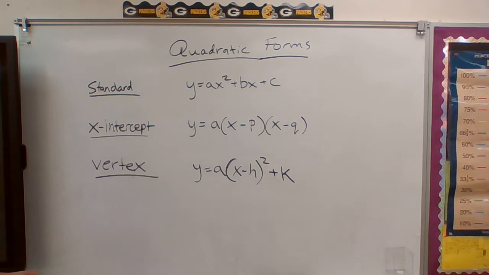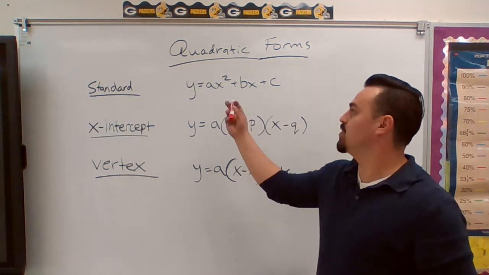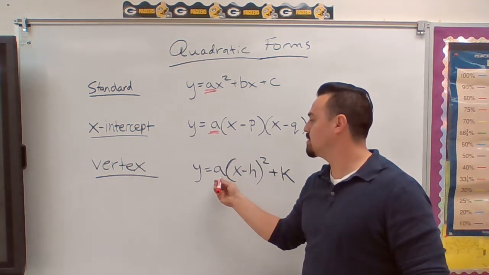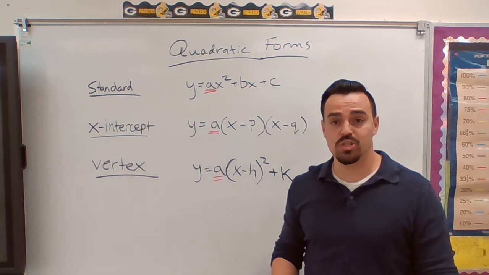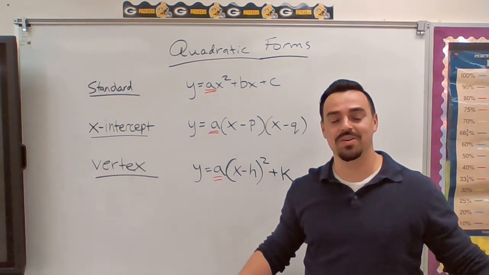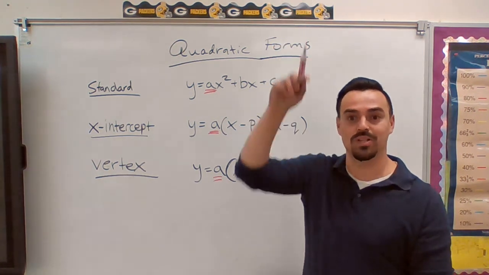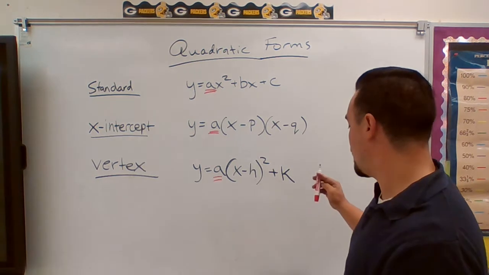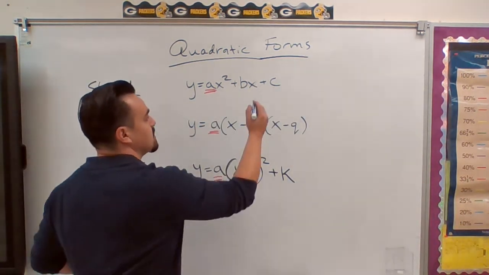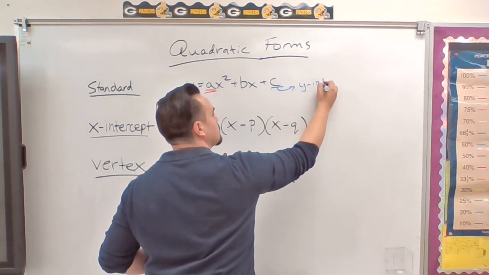Those three quadratic forms are the ones that we're going to be covering in this chapter. And the A will always tell you whether it's sloped positively or negatively. And if it's a fraction, it's wider. If it's a whole number, especially larger ones, it's narrower and more vertically stretched out. And then each one of these will tell you something separate. In standard form, you'll get the y-intercept.